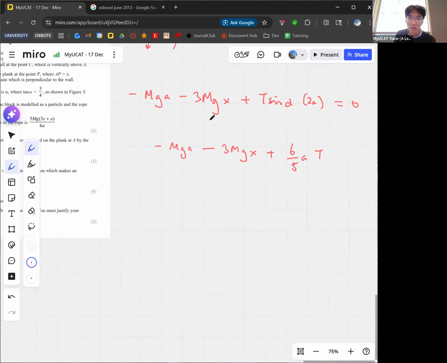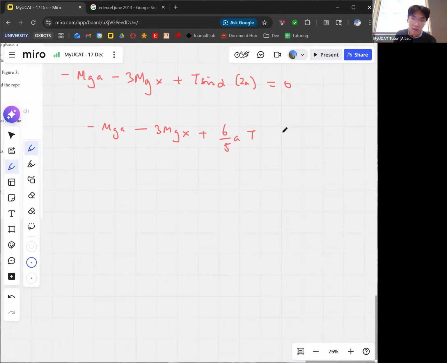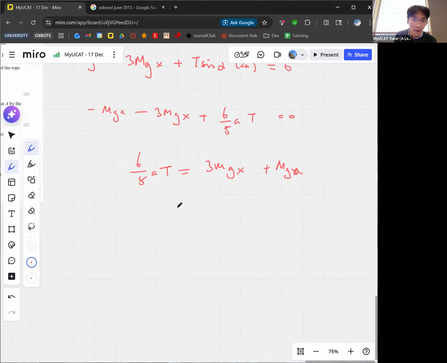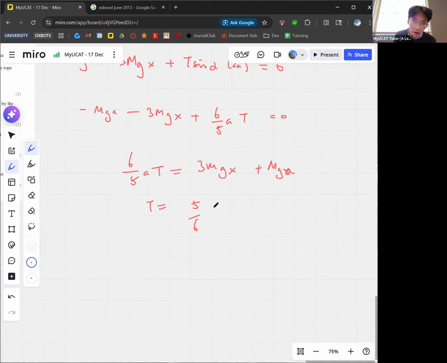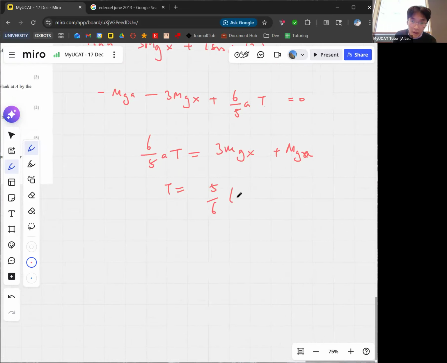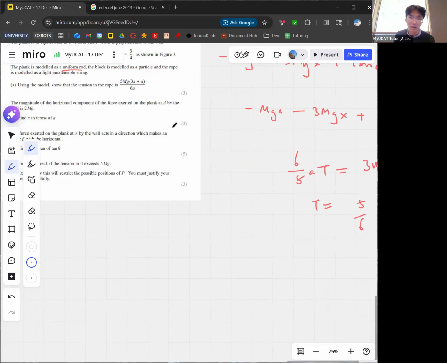And so from this, you should rearrange pretty easily to get that 6/5 aT equals 3mgx plus mga. And you can see that T equals 5/6 of mg, 3x plus a, over a. There you go, you get that top part.